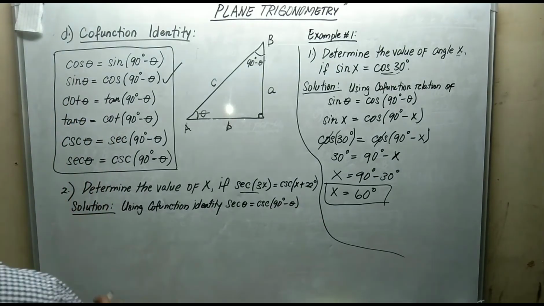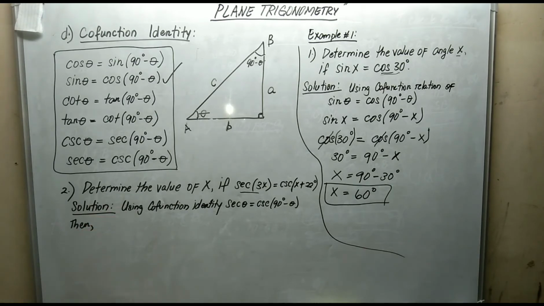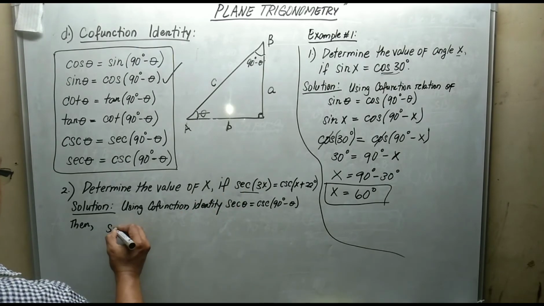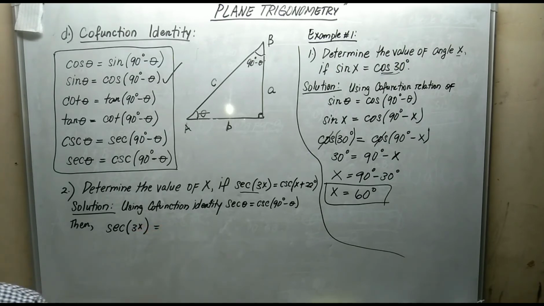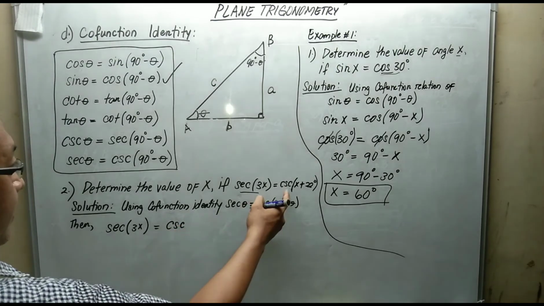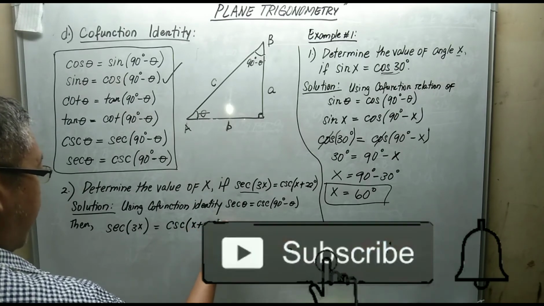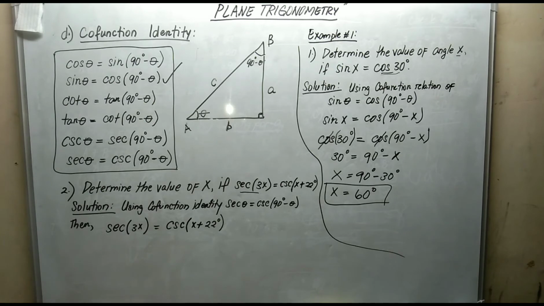Okay, then we can write secant 3x is equal to cosecant, this one, x plus 22 degrees. See, guys, what is the value of secant 3x?